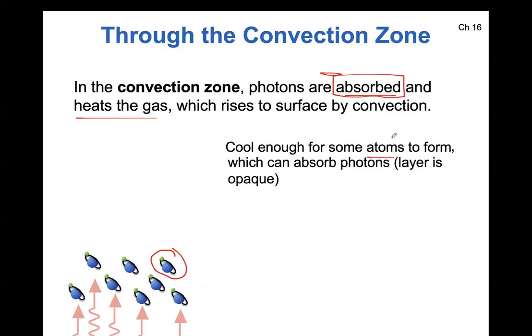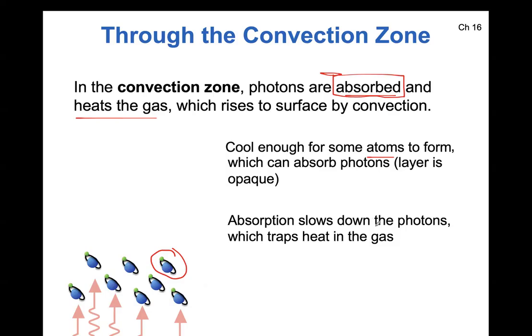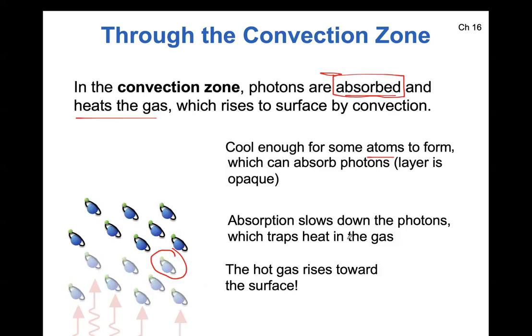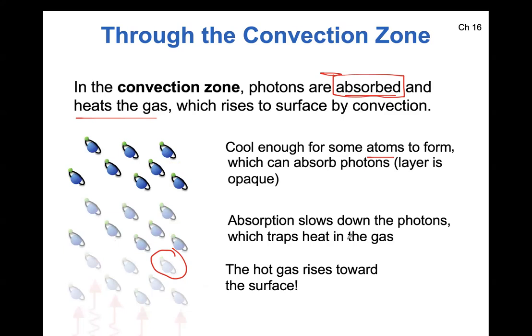That means you can't absorb energy. Once you cool down, you can hold on to your electron, you become an atom instead of an ion, and now you can absorb light energy. So absorption slows down the photons, which traps heat in the gas. Hot gas rises towards the surface. So there's your convection.